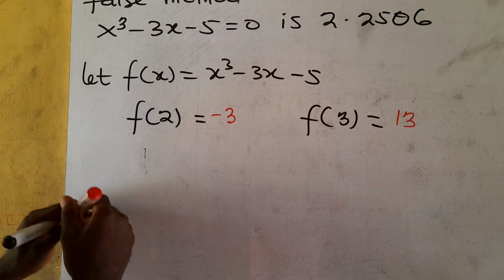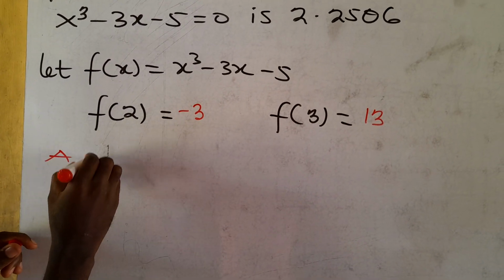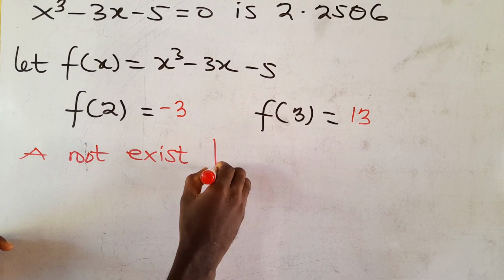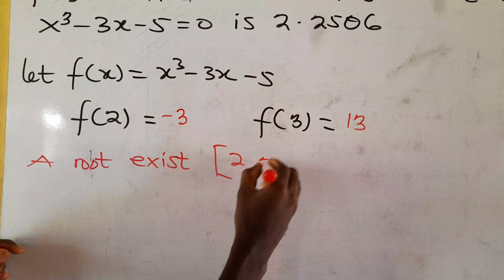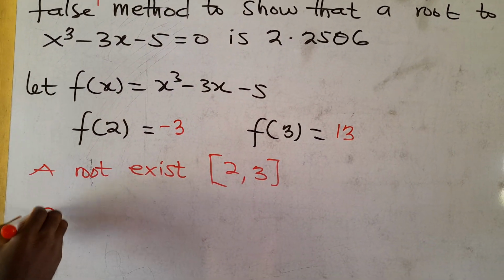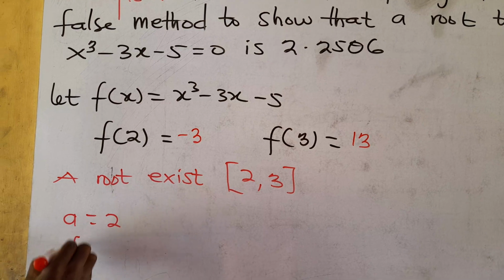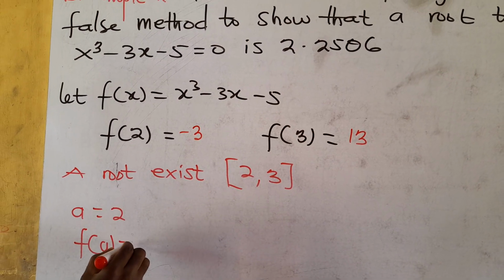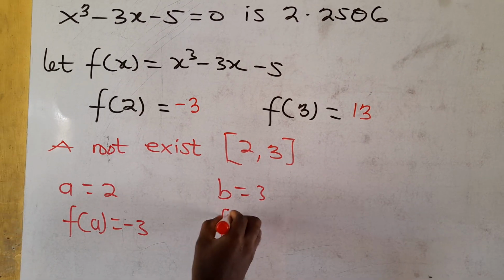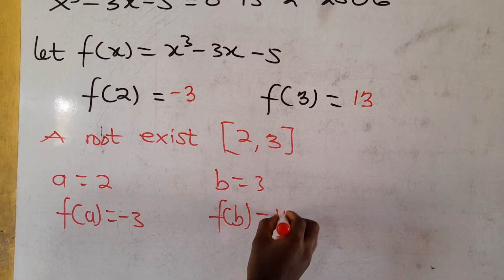That means a root exists within the interval [2, 3], where a is 2, f of a is negative 3, b is 3, and f of b is 13.